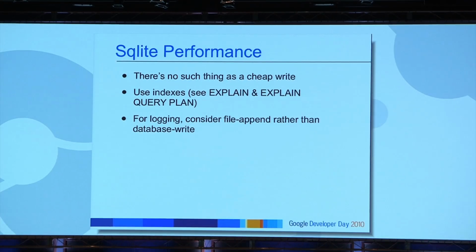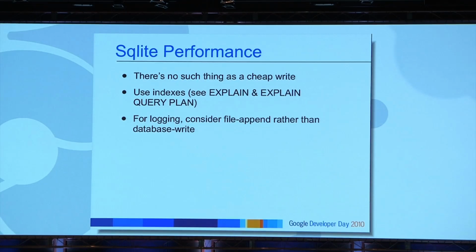And of course, with relational databases, you always have the same trade-off. If you put an index on the table, then the retrieval will be much faster, and the update will, of course, be much slower. So you have to be really careful in how you use the SQLite database. And of course, you must never do it on the UI thread.